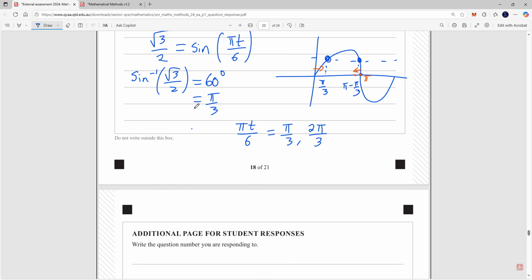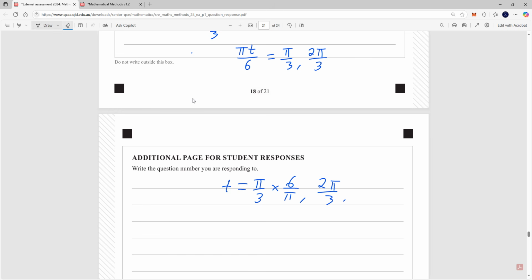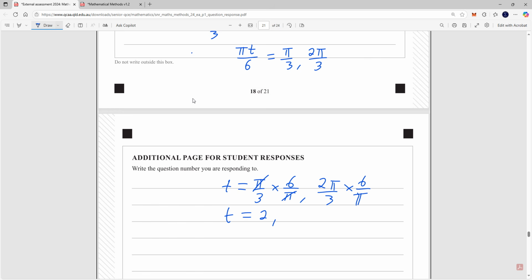Multiply both sides by 6 over pi, so t is going to be pi over 3 times by 6 over pi, 2 pi over 3 times by 6 over pi. Cancel, cancel. So t equals 2. And here, what's that give you? 4.